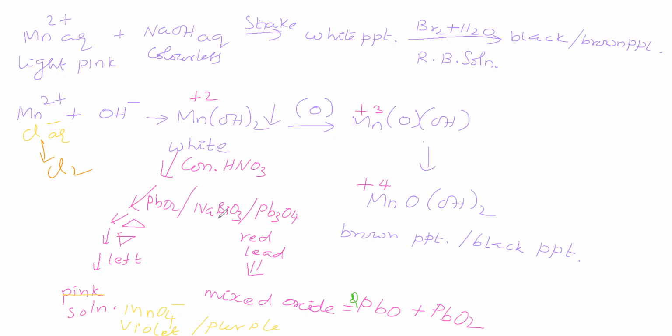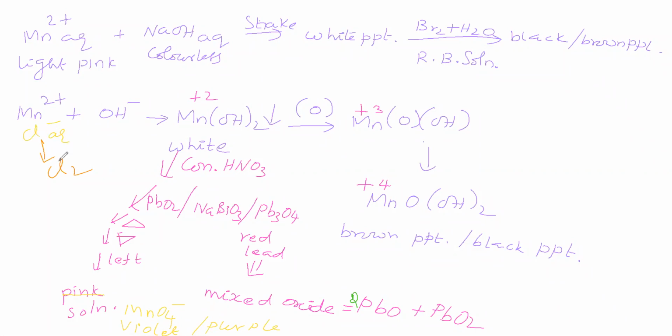Instead of lead, bismuth and red lead undergoing reduction alone, here Mn+2 is undergoing oxidation, and simultaneously Cl minus is converting into Cl2.